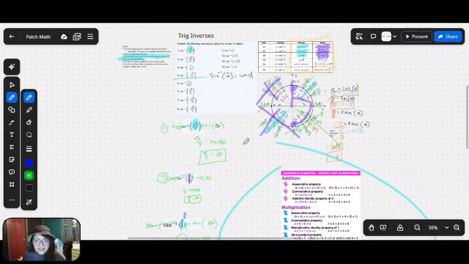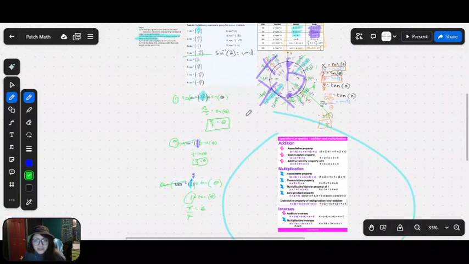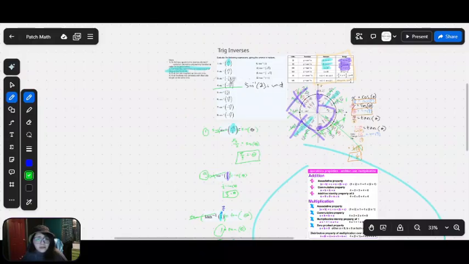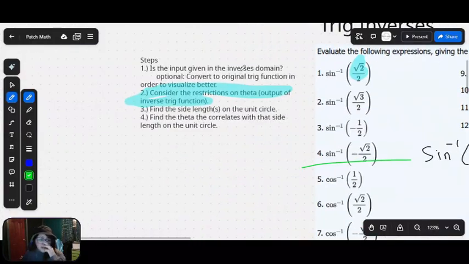This is math in which a lot of it is done by consulting resources, and the way that we consult those resources is guided by this series of steps. So we first have to make sure what we are given is actually in our domain. Then we consider the restrictions on the output. So when we're consulting the unit circle, it dwindles down our potential answers to our actual answer.